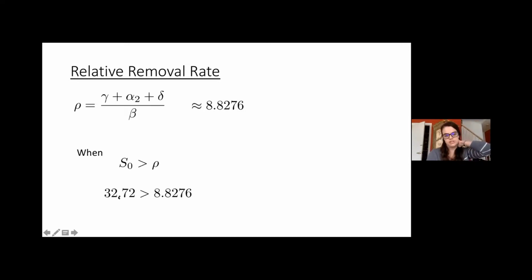And then I compared it to my S naught value. S naught is 32.72. Remember, I'm measuring in tens of millions, so that's not how many people I have, but my units, right, are larger. But we compared this number, the 32.72 with the 8.8276, and that is larger, right? And so we said S naught is greater than rho, then we should have an epidemic.